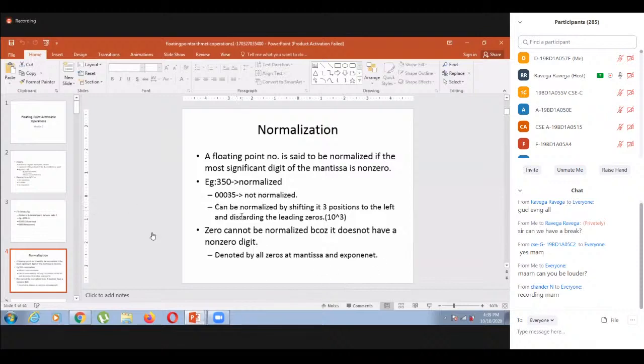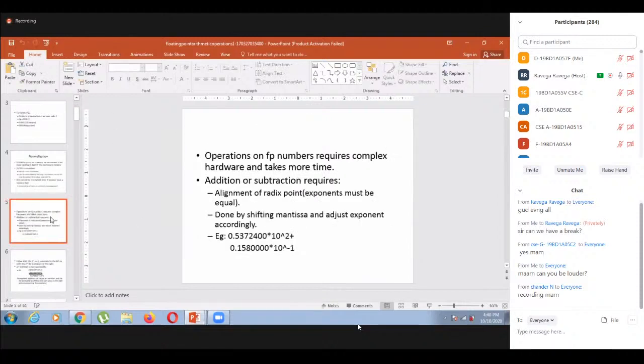How do we represent the zero number? The zero number is represented by all zeros in the mantissa part and all zeros in the exponent part. It cannot be normalized because it does not have a non-zero digit.